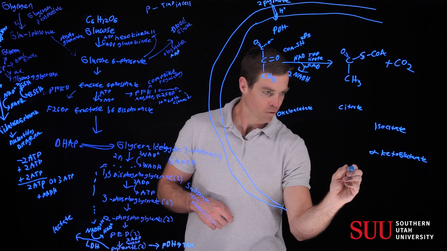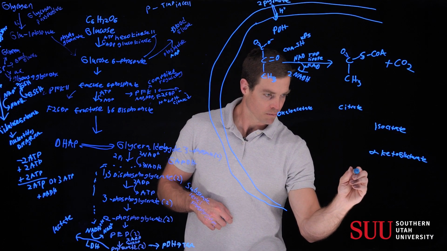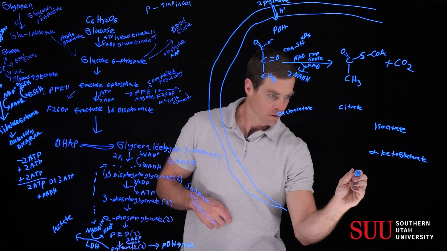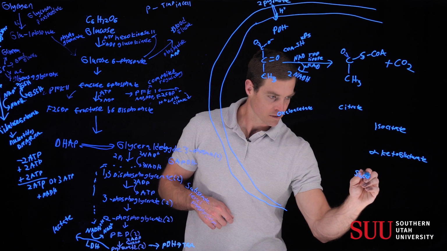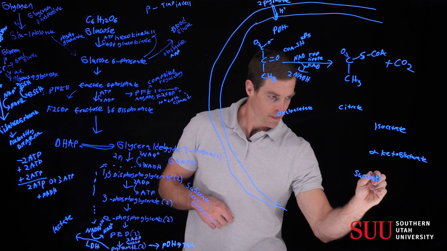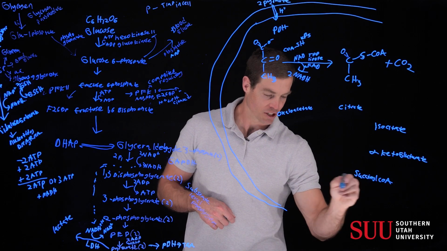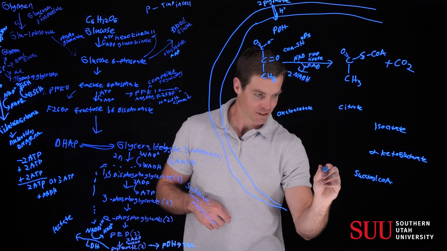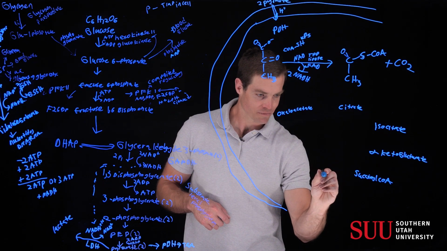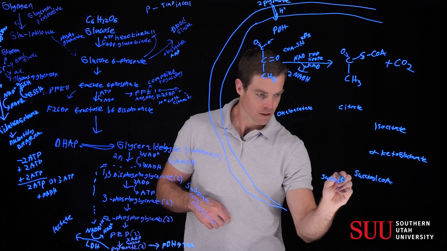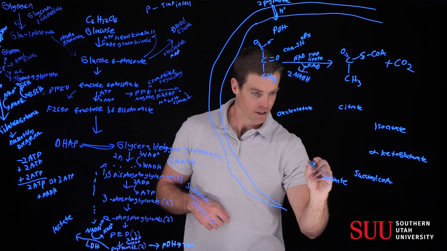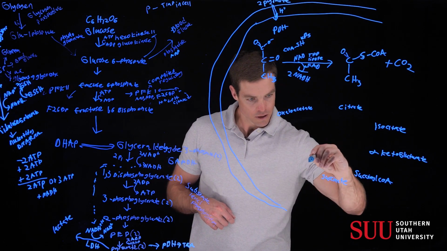And then we'll form our, let's see, about right here, succinyl-CoA. I'm just going to go through all these steps here, and then we can come back and talk about it. We get our succinate, and then our fumarate.